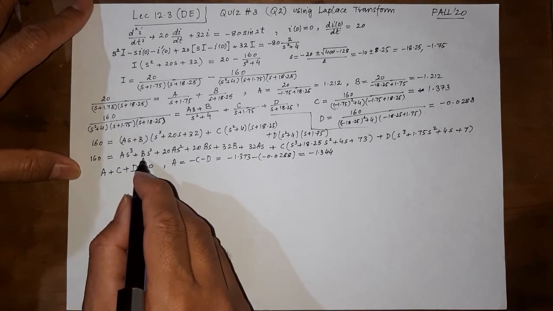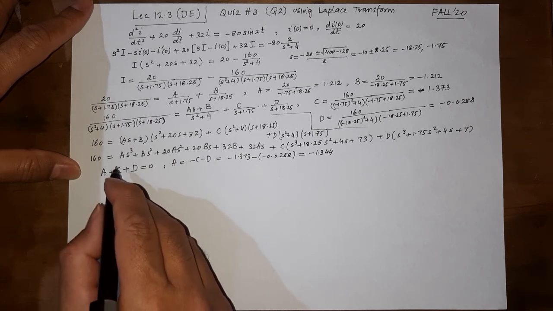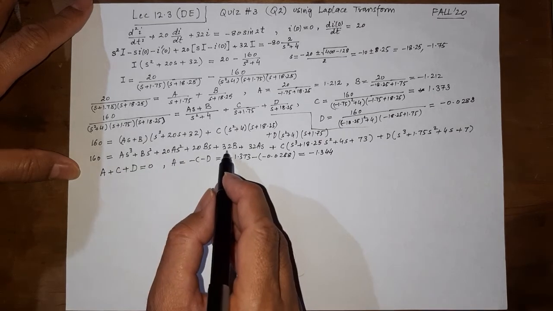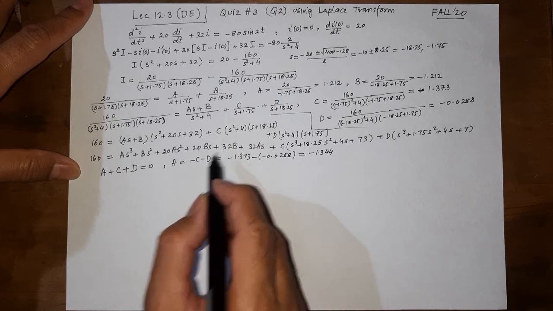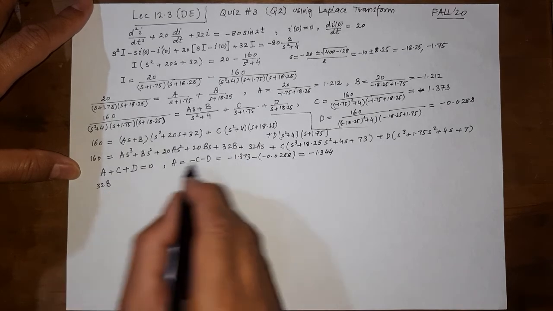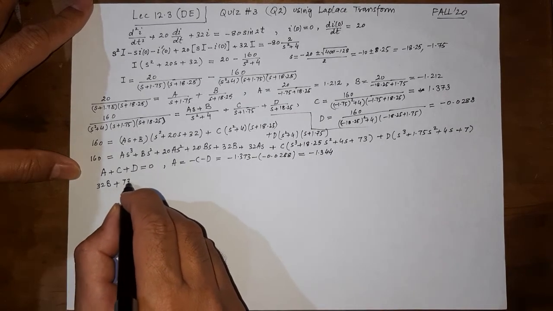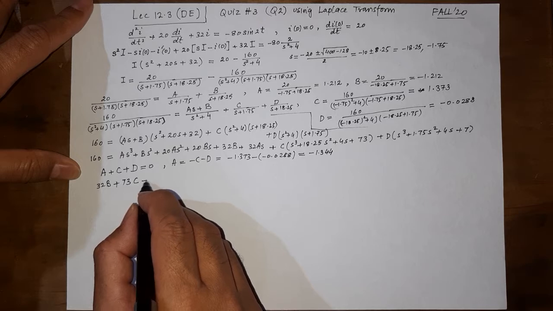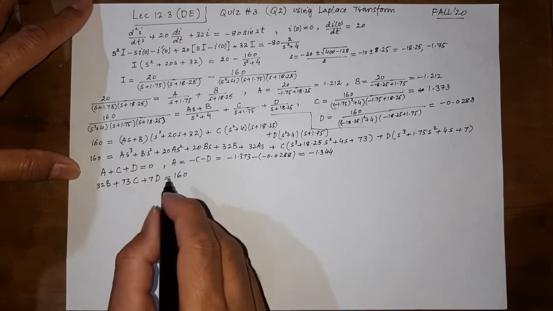Similarly, let us take the square terms now, or maybe we can take the constants only. So the constants are 32b plus 73c plus 7d, that is equal to 160.